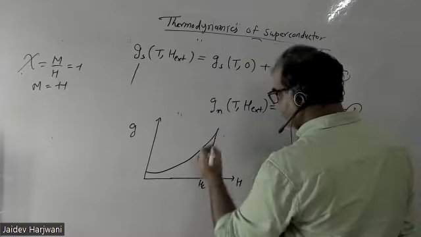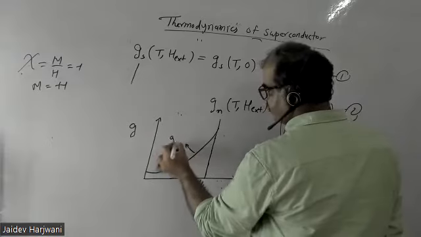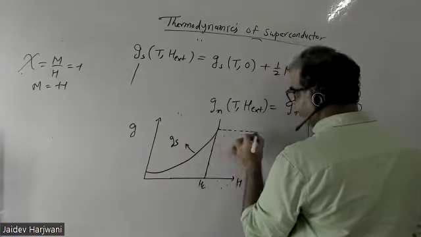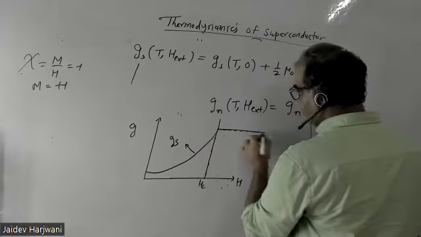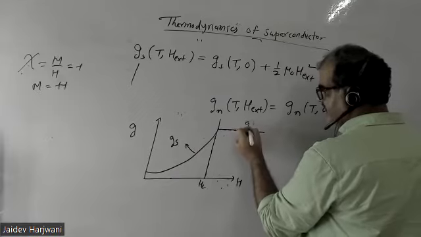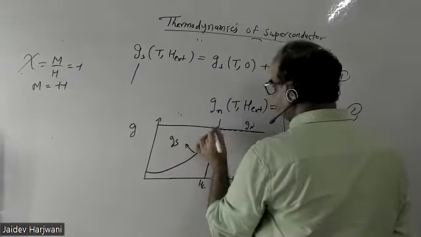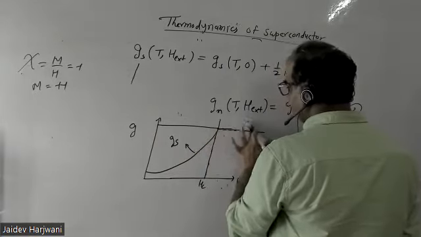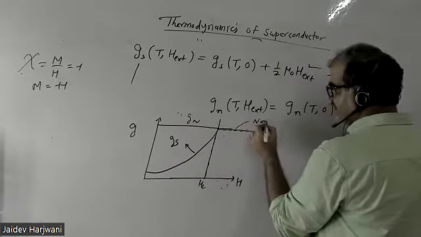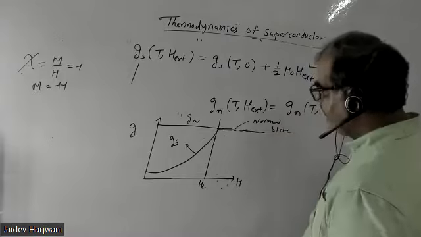So this is my Gibbs free energy of the superconducting state, while for the normal state, suppose this value is Gn with no field. Applying a field will also not change the value. So my Gibbs free energy for the normal state, Gn, will not change in the presence of a magnetic field.